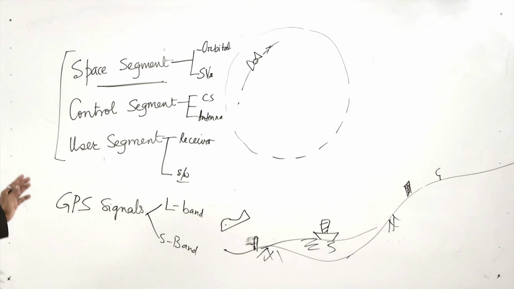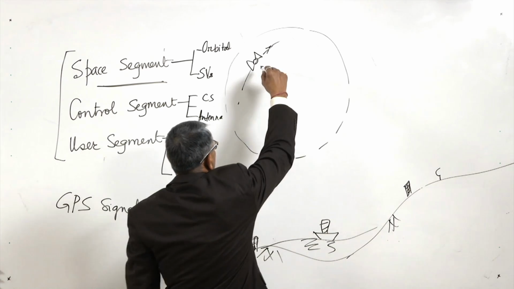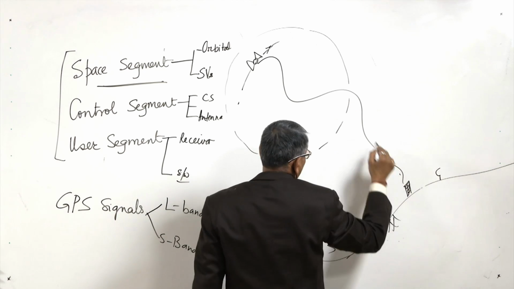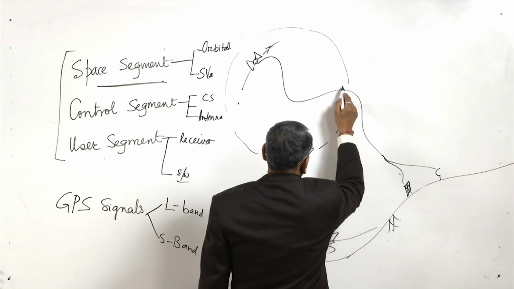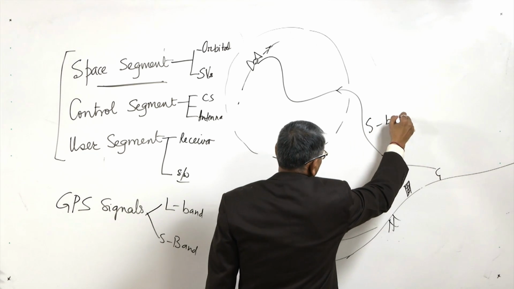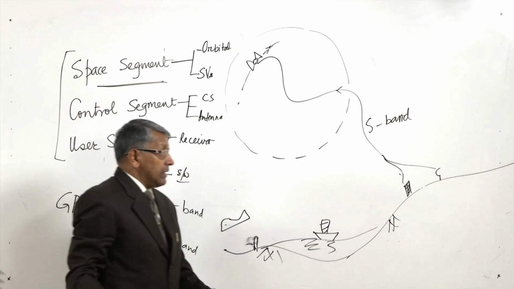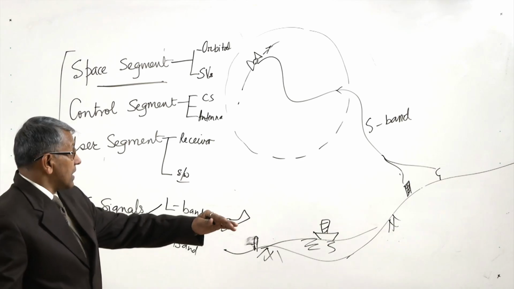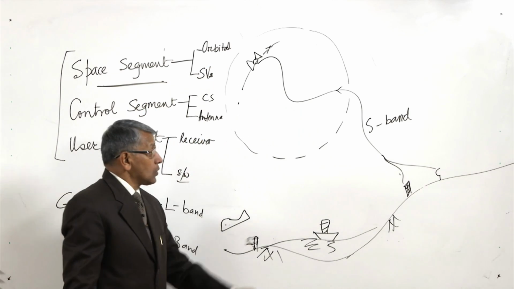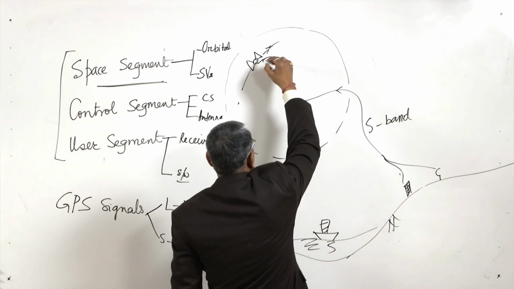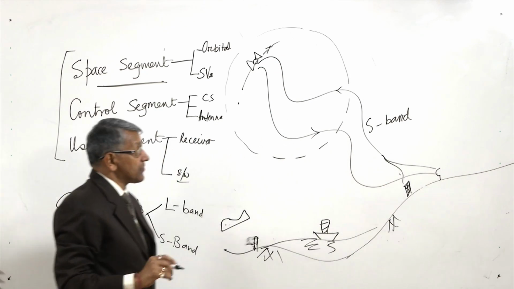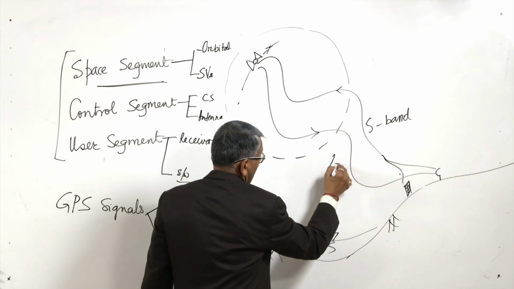The space segment gets connected to the control segment by S band. That means the antenna in the control segment sends signals to the space segment through S band, and however it receives signals from the space segment using L band.